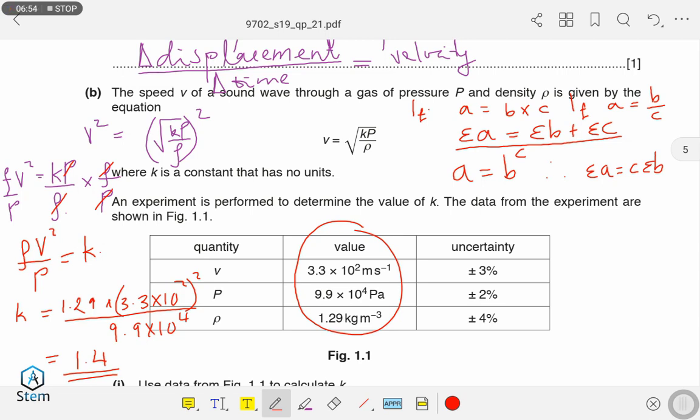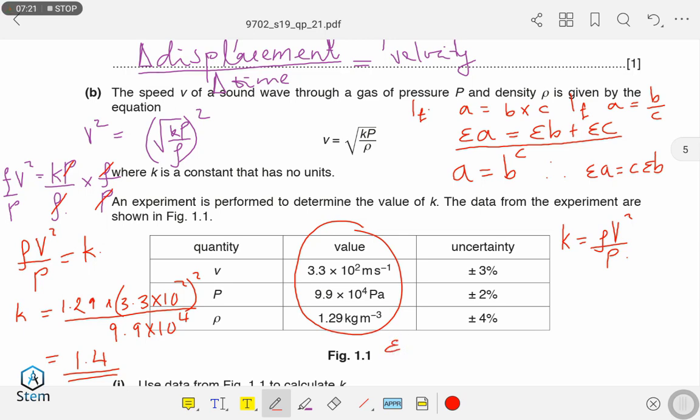Now, we have just seen that K is equal to ρ V squared divided by P. So to get the fractional uncertainty in K, we are going to, let me get the bottom where there is more space.